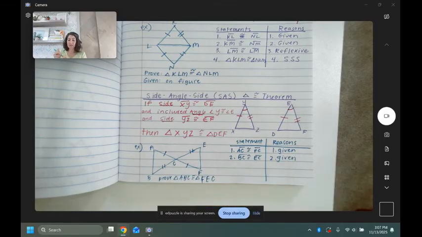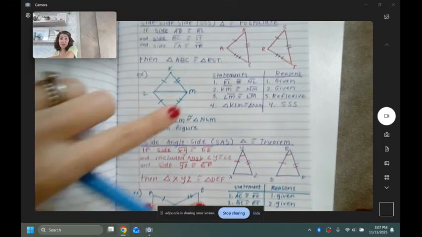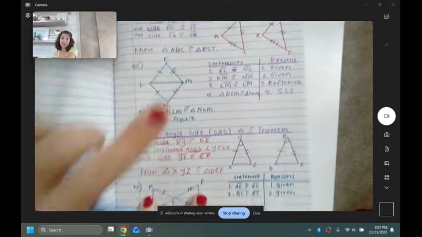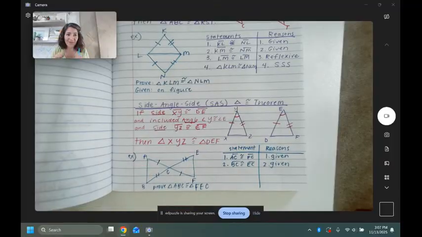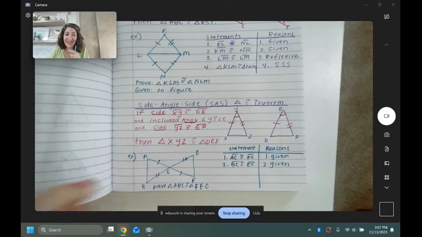So looking at this information, I know two of the sides are congruent. So I have two choices here. Either I can try to prove that this third side is congruent, so I can use side, side, side. Or can I prove that this included angle, the angle between two sides, is congruent?